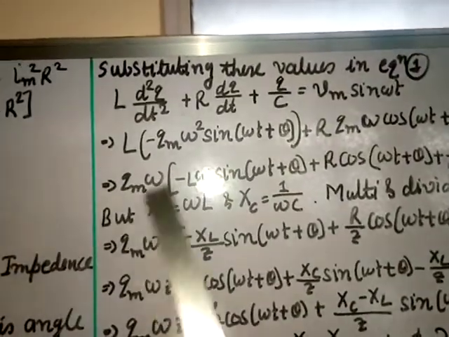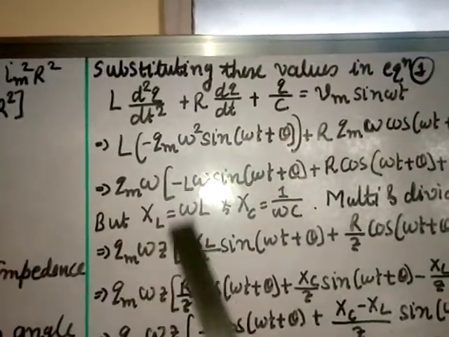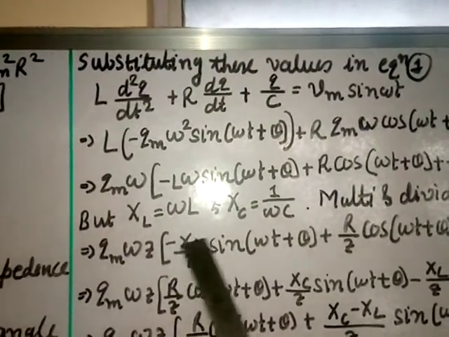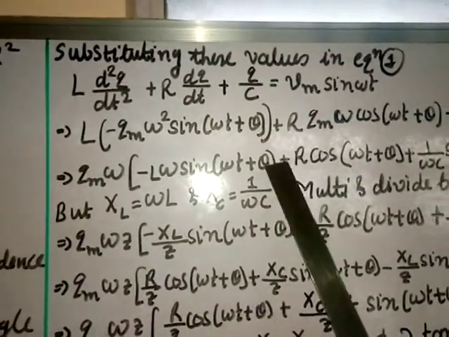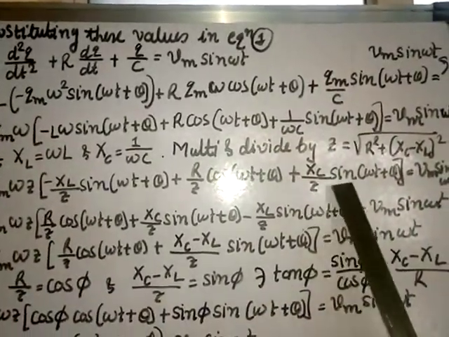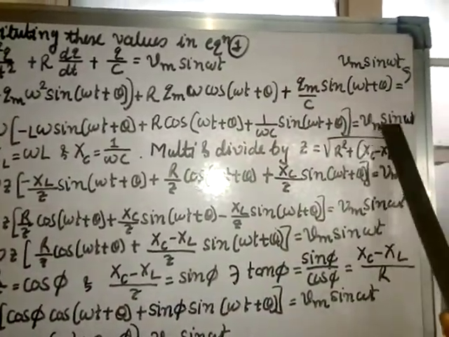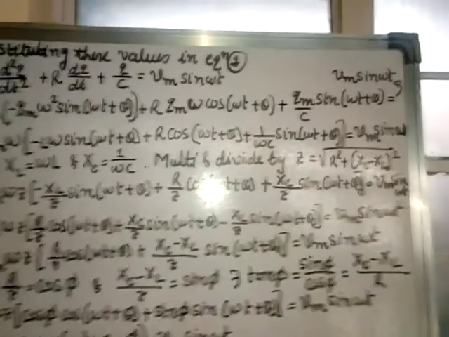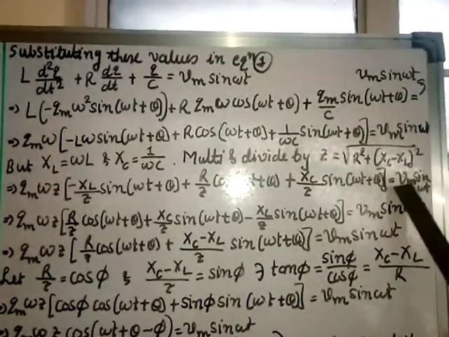Multiplying and dividing by z, we get qm omega z times minus xl by z, plus r by z, plus xc by z, multiplying sin(omega t plus theta), equal to Vm sin omega t.